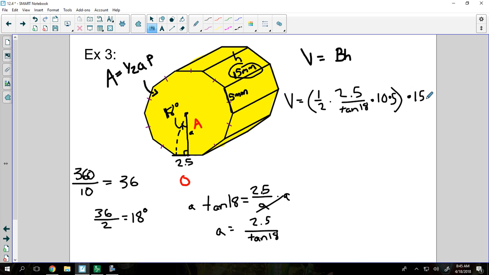And then we just need to practice typing all of that in. And if done correctly, I'm getting approximately 2,088.53. And that would be millimeters cubed.